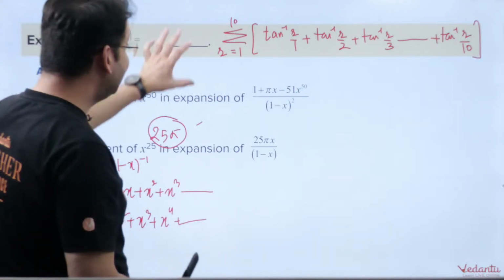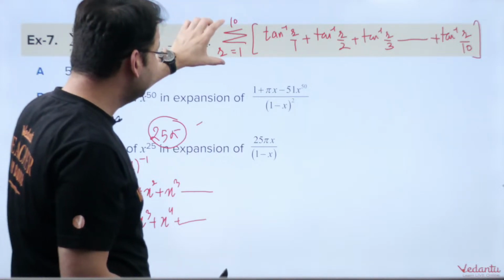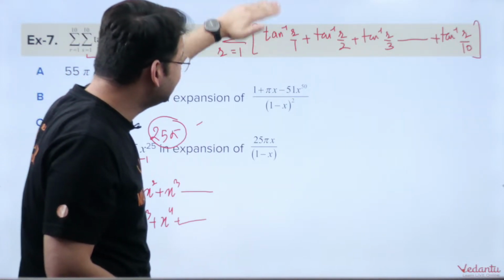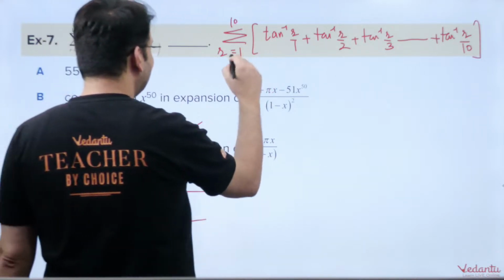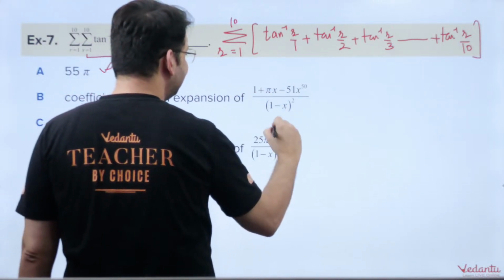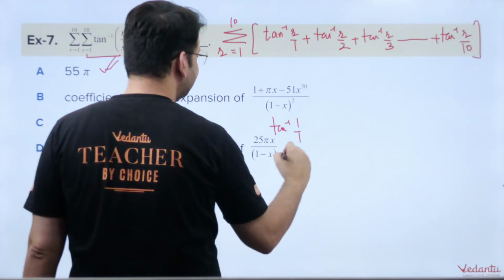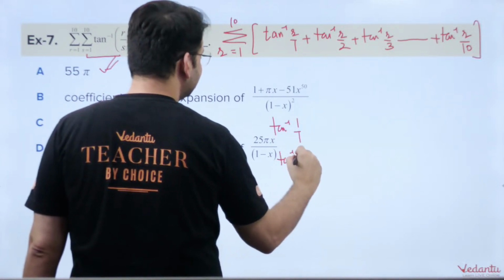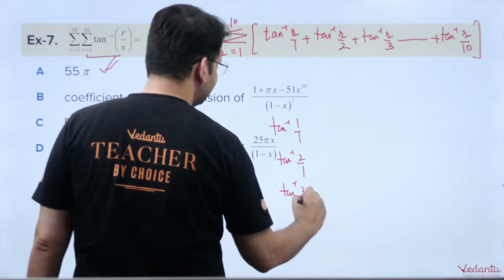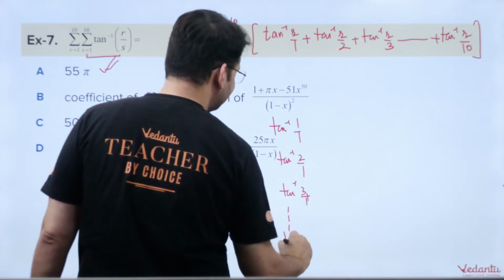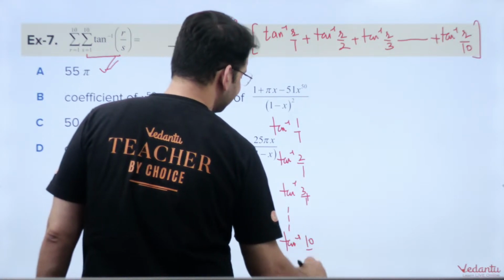Now I'll vary r. If I apply sigma on the first term, it is going to split into 10 further terms. So if I apply sigma only here, it will be tan inverse 1 by 1 plus tan inverse 2 by 1 plus tan inverse 3 by 1 and so on up to tan inverse 10 by 1.